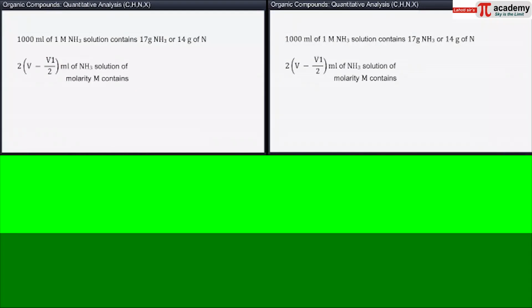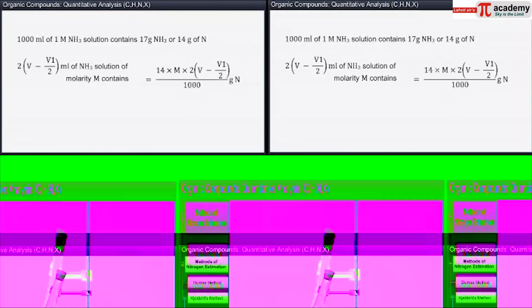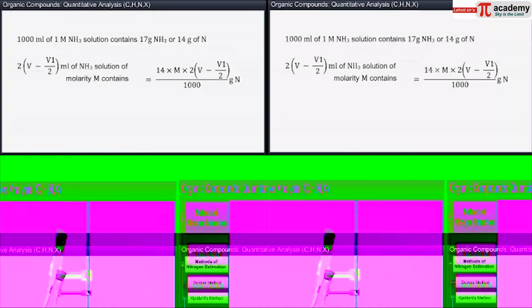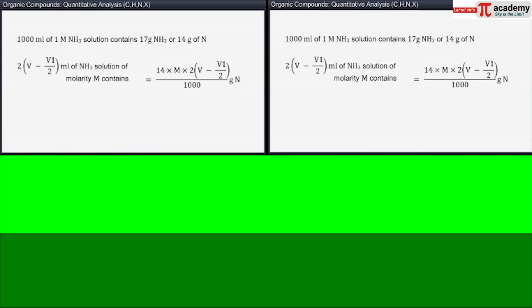Therefore, 2 multiplied by V minus V1 by 2 ml of ammonia solution of molarity M contains 14 multiplied by M multiplied by 2 multiplied by V minus V1 by 2 divided by 1000.